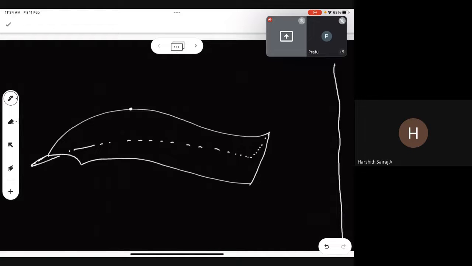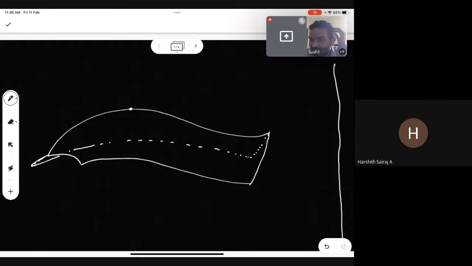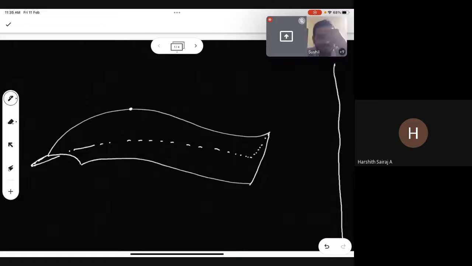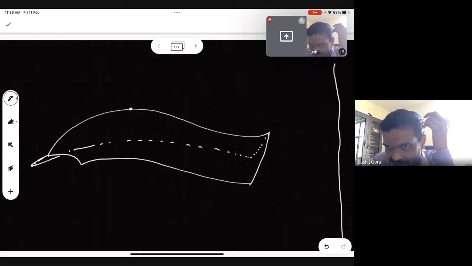Sir, if you think of it like a bowl and place it on the floor. Yeah, the floor is the tangent plane. That is true in some sense, yes, but the point is your bowl need not be a smooth surface.